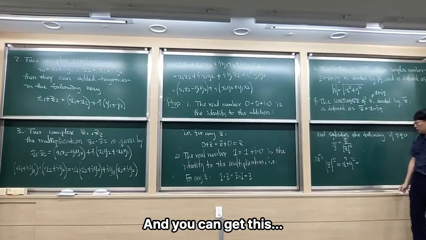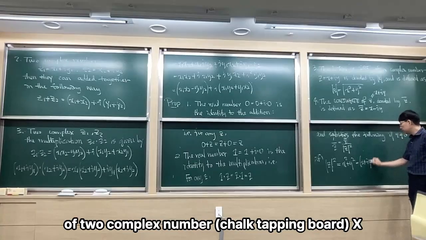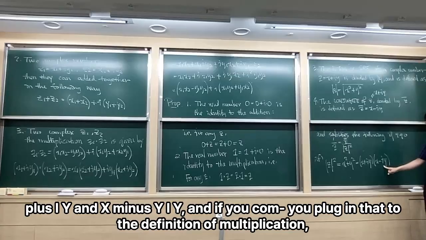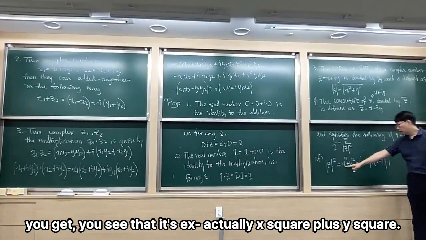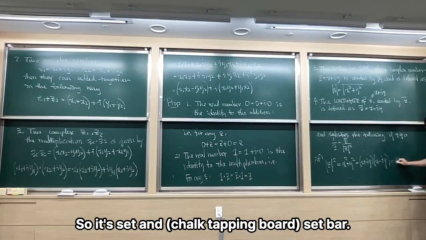And you can get this by taking a multiplication of two complex numbers, x plus iy and x minus iy. If you plug that into the definition of multiplication, you see that it's actually x squared plus y squared. So it's z times z bar.